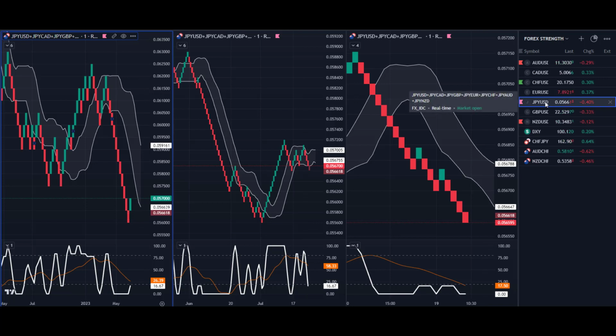It's really straightforward, easy to do, and with TradingView it's really easy to create your own sort of tickers. Like I said, I call them baskets, but you're essentially creating your own ticker here.